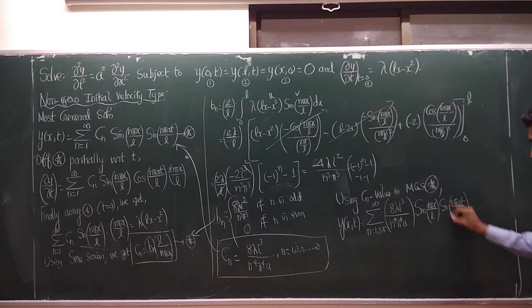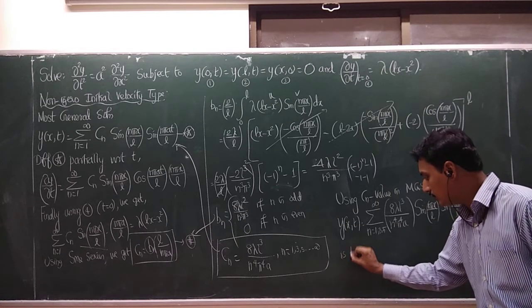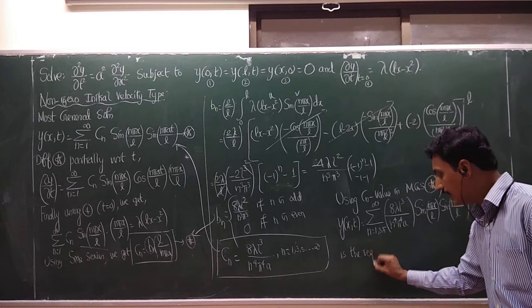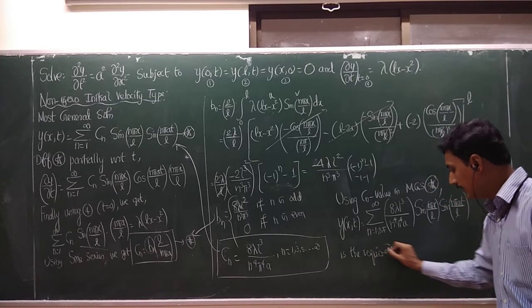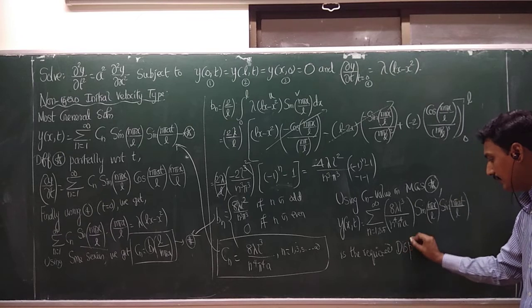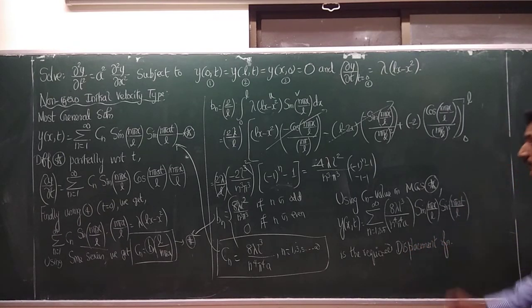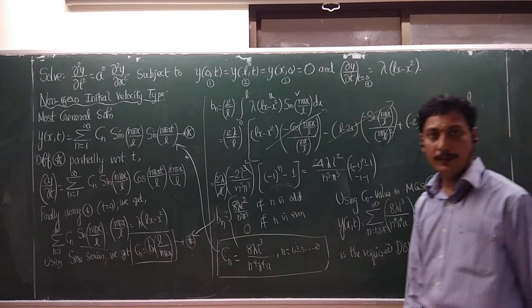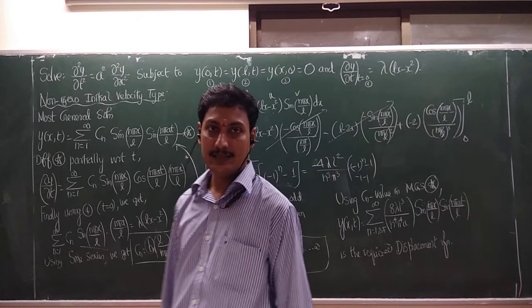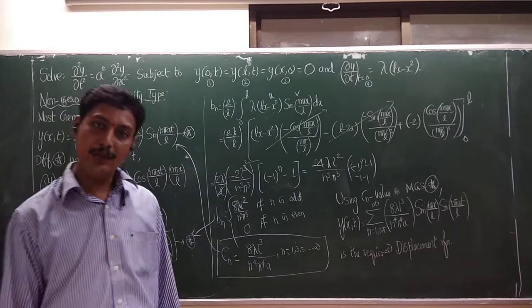So this is the required displacement function of the string under the non-zero initial velocity. This is the fourth problem under the non-zero initial velocity in the one-dimensional wave equation.